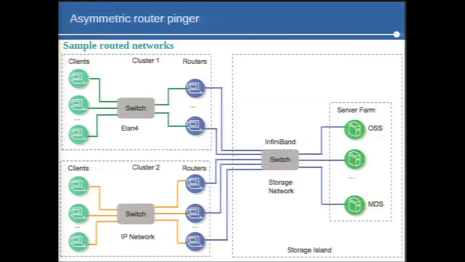For example, if a router in the TCP, in the Ethernet cluster has a bad cable, the clients in that cluster would be able to detect that failure because the router would stop responding to pings from the client. However, since the router's interface in the InfiniBand server network is still good, the same router is still able to respond to pings from servers.